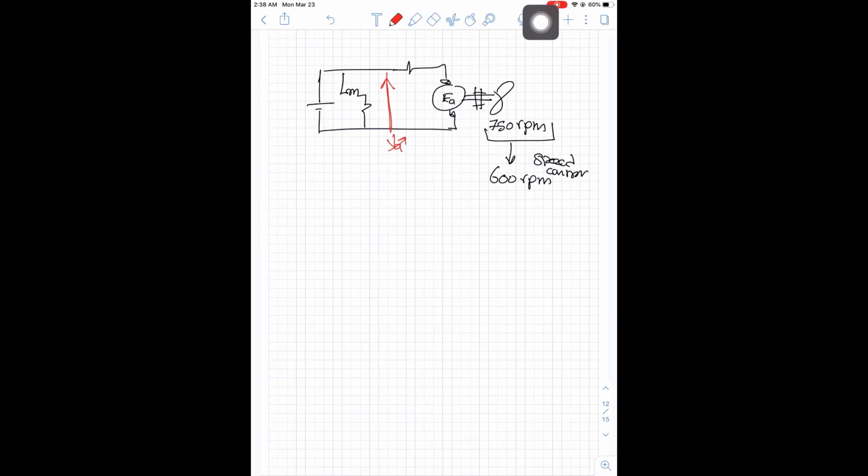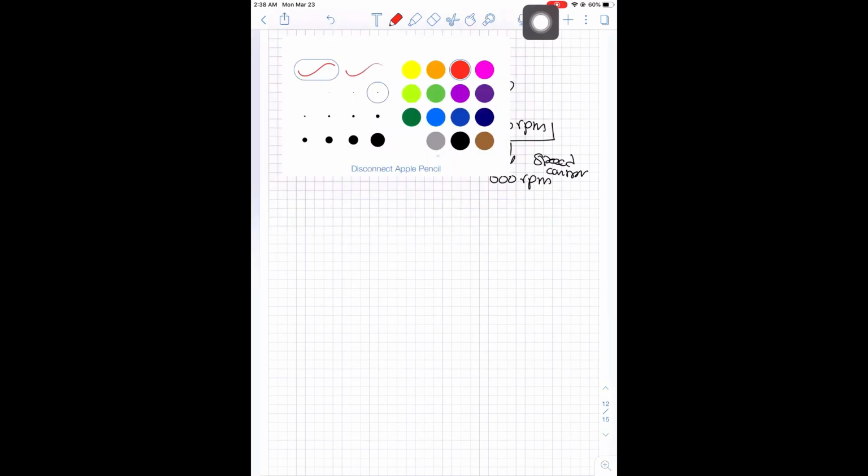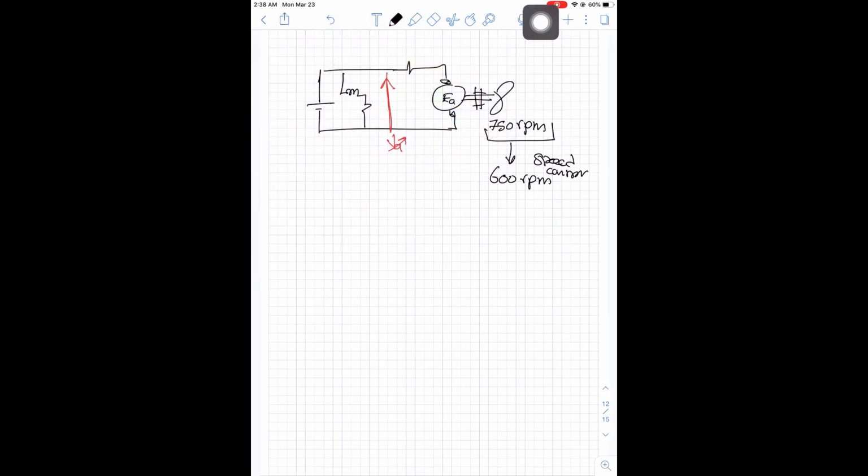So we changed V armature. We take V armature down from its old value of 240 volt, which gives us a speed of 750. If we take this voltage down to 191.52, this will give us a 600 RPM speed.